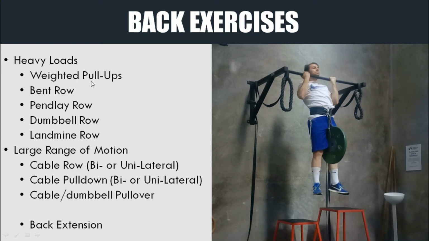Great exercise. Bent over rows or bent rows, Pendlay rows, so any sort of variation of bent or Pendlay row, either directly from the floor or hovering above the floor and with different torso angles. Then we also have something like a dumbbell row, a single arm dumbbell row, or a dumbbell row with the torso supported on a bench.